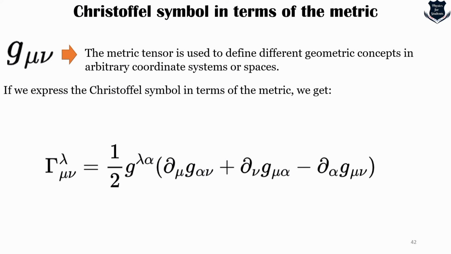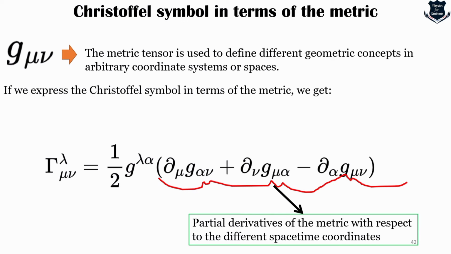So we get an equation like this, and don't worry, I will explain it. These are partial derivatives of the metric with respect to the different space-time coordinates. When I write the Levi-Civita connection in terms of this metric, this is what happens, right?